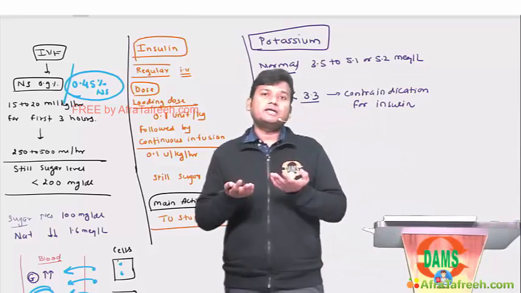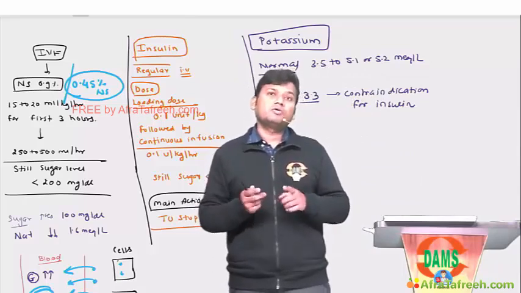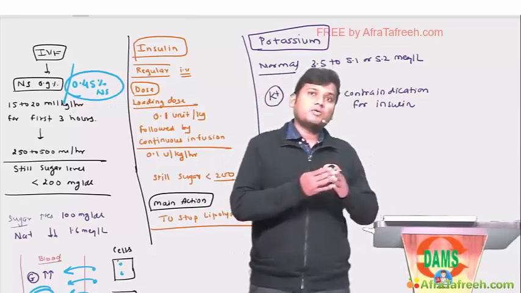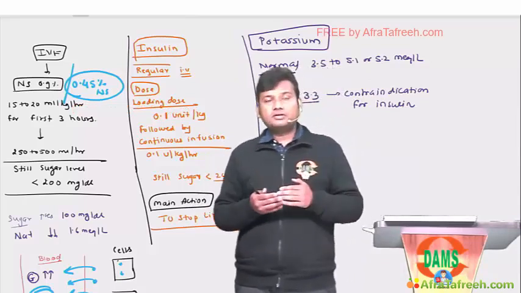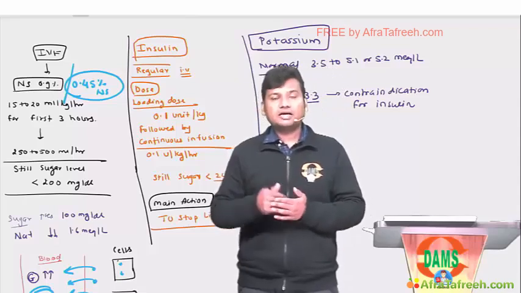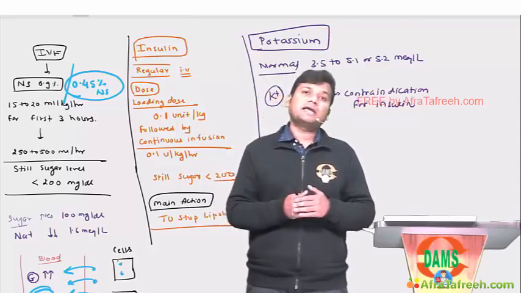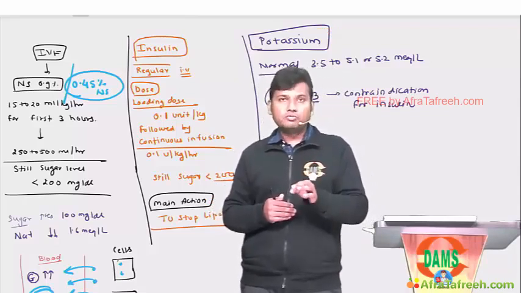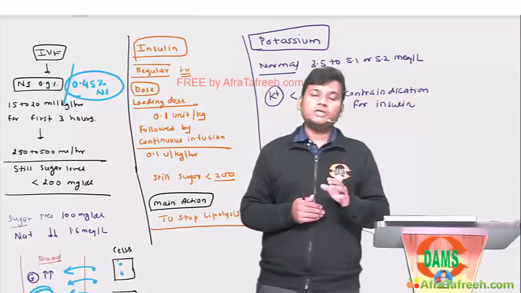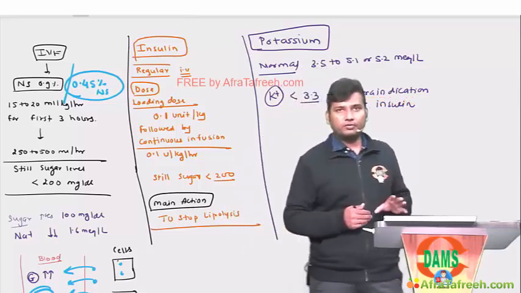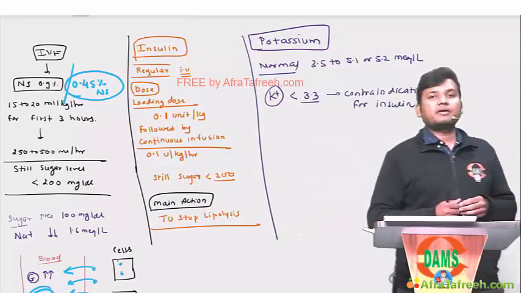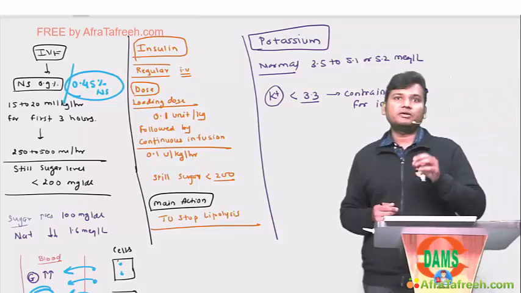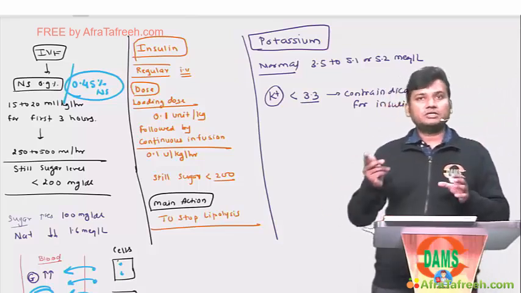Because of vomiting and diarrhea, patient may have low level of potassium. So these patients may have hypokalemia, and after that they may enter in diabetic ketoacidosis. So potassium level may be normal or below normal. So always there is possibility of hypokalemia in a patient of diabetic ketoacidosis. So it is a rule that before giving insulin we have to check potassium.